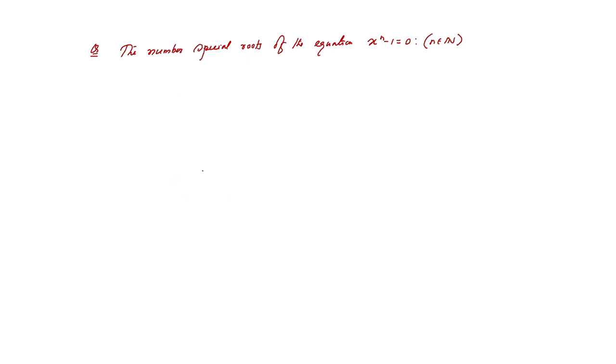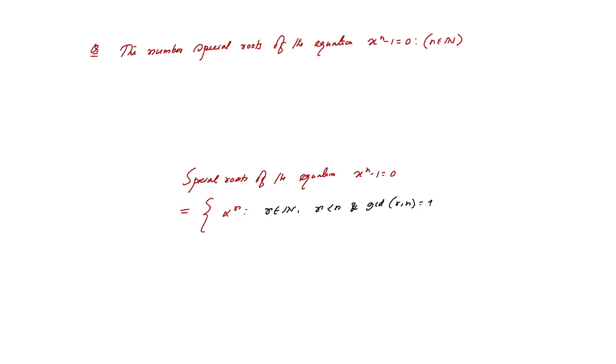So what are the special roots? The special roots of the equation x to the power n minus 1 equals 0, that set equals alpha to the power r, where r is a natural number, r less than n, and GCD of r and n equals 1, and alpha equals cos 2 pi by n plus i sin 2 pi by n.